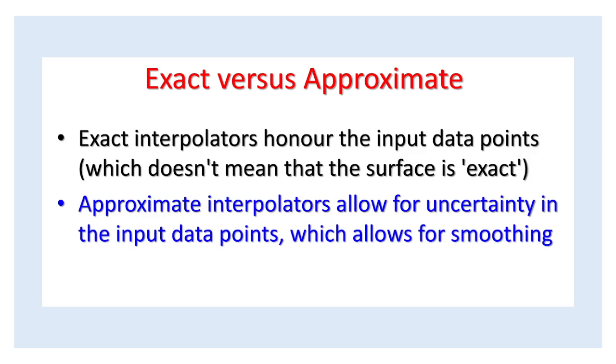With exact interpolators, the input data may not be very correct, but they will consider it as an exact data point and interpolate accordingly. But approximate interpolators will always consider an uncertainty, that there is a possibility for a difference. According to that, you can do the smoothing process.